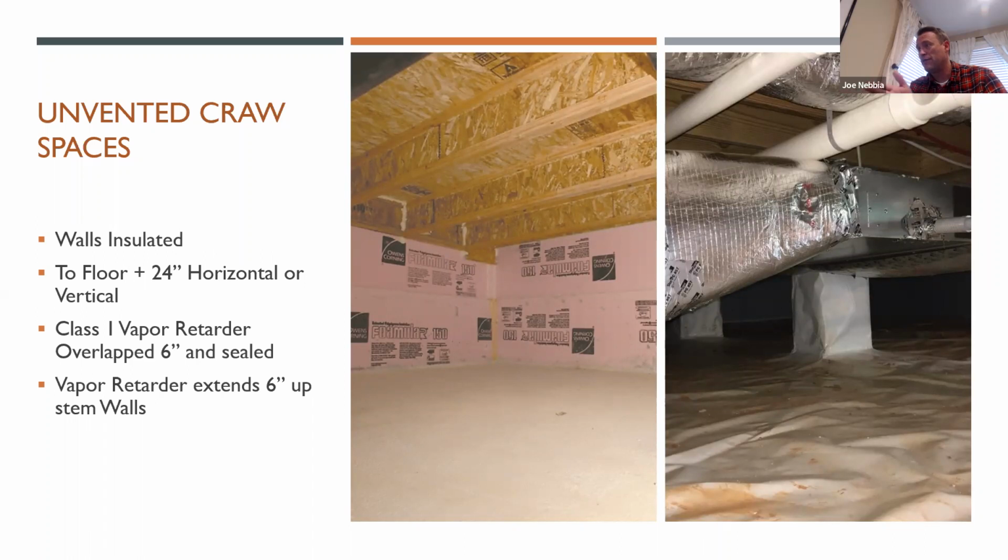So it can go 24 inches further down below grade, or it can go 24 inches in, or some combination of that. You could also do an exterior insulation on your crawl space and have it all exterior and go 24 inches down, something like that. So that's required for unvented crawl space insulation.